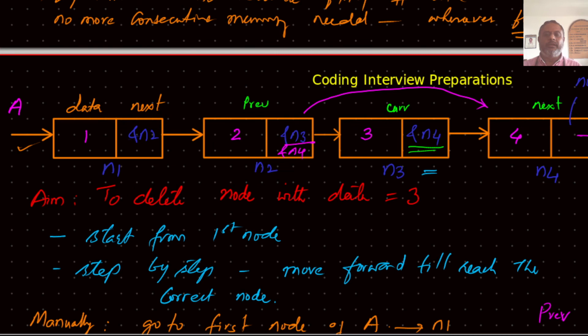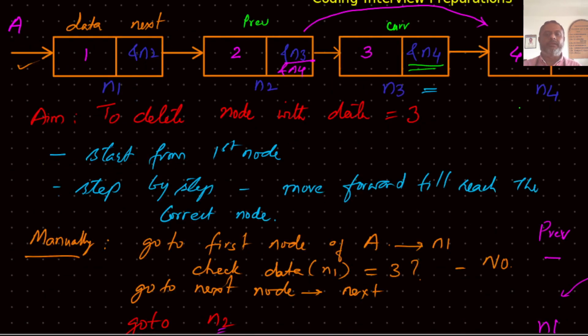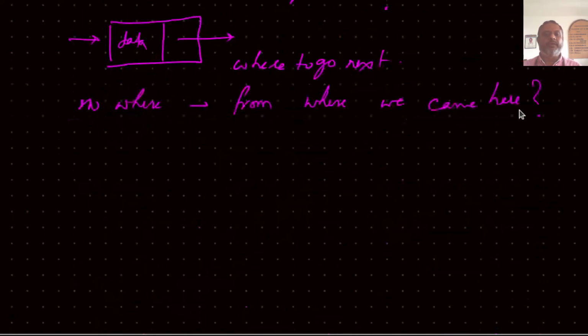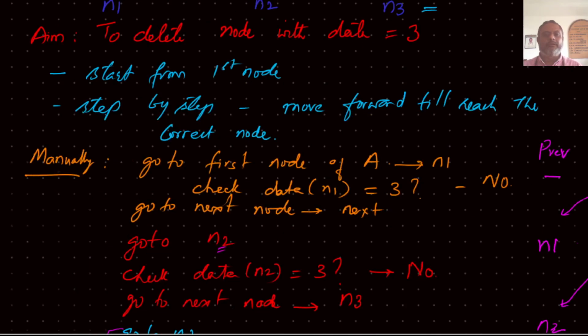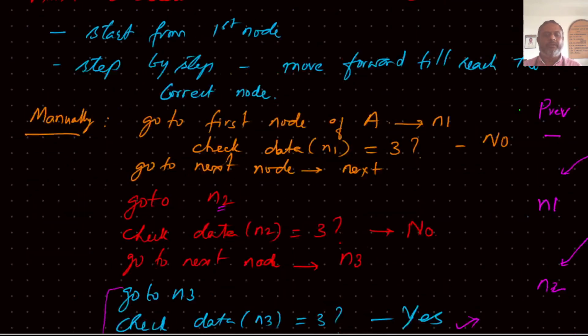The other way is that you may want both direction activity, moving forward as well as backward. As we did, this is only one way, forward movement.